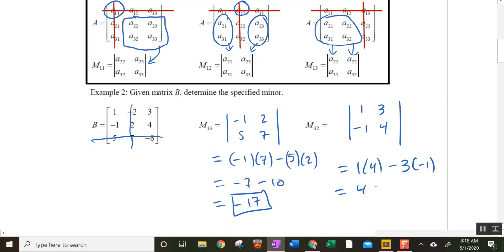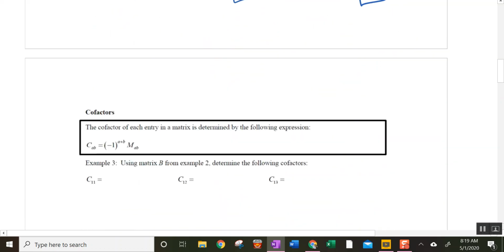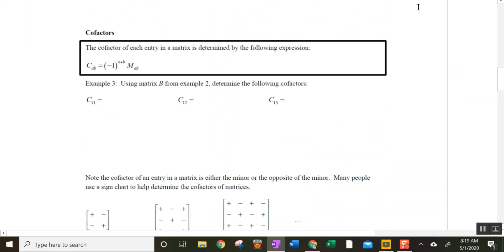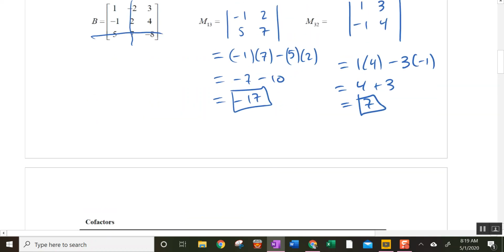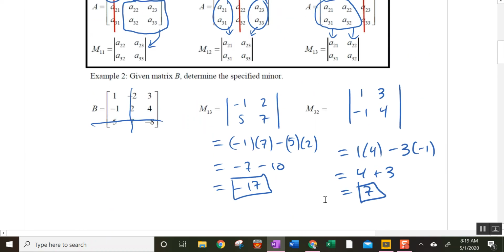Or 4 plus 3 would be 7. All right, so let's talk about cofactors briefly. So the cofactor is simply negative 1 to some power times the minor. And again, the minor is what we just did right here. It's just the 2 by 2 determinant.